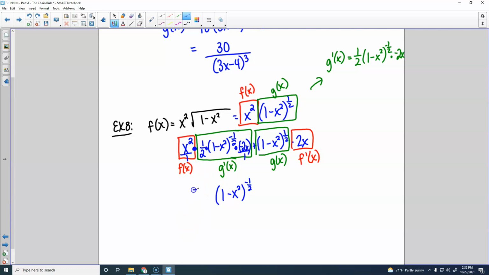So you got negative 2x cubed over 2, which of course we can cancel those 2's and just get negative x cubed times 1 minus x squared to the negative 1/2. For this part, we'd probably just write the 2x times 1 minus x squared to the 1/2.